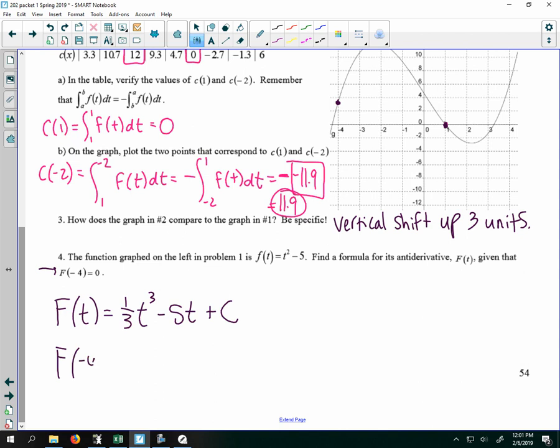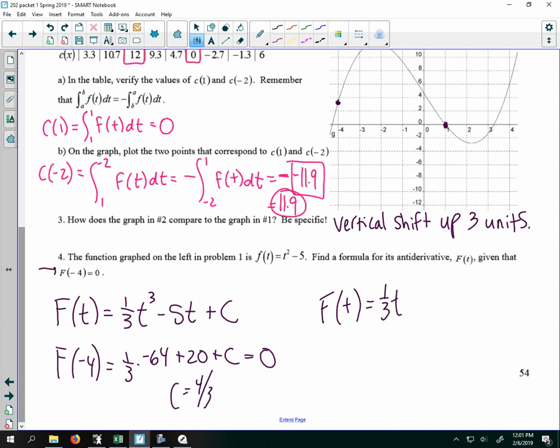So F of -4 would be 1/3 times -64 plus 20 plus c equals 0. When I solve for c, I get 4/3. So my function F of t, the antiderivative of little f that goes through the point (-4, 0), is 1/3 t cubed minus 5t plus 4/3.